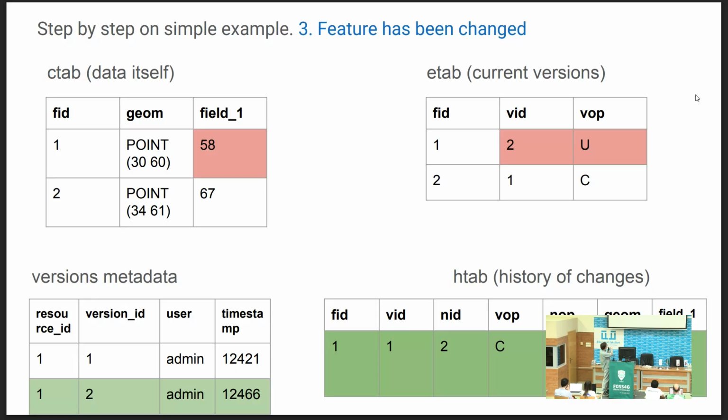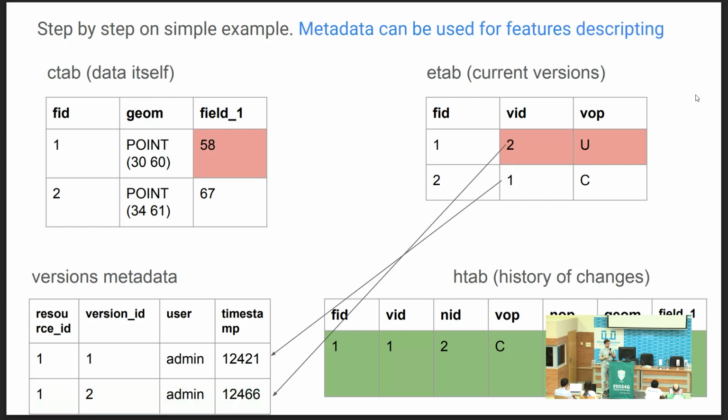We also created a new metadata record describing that this second version was produced by admin at this time. It helps us describe everything and easily query when, by whom, and what happened.